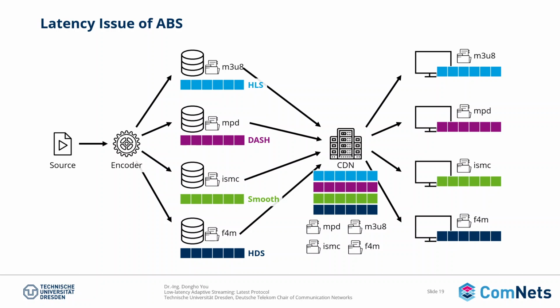I only introduced MPEG-DASH, but there are many types of streaming protocol: Apple's HLS, MPEG-DASH, Microsoft Smooth, Adobe's HDS, and so on. Nowadays there are many live stream protocols based on HTTP.